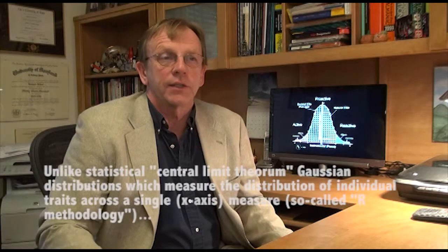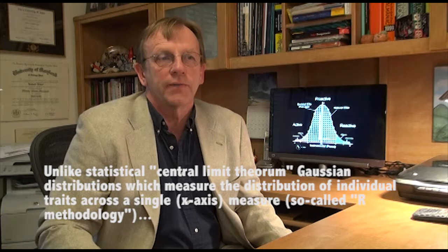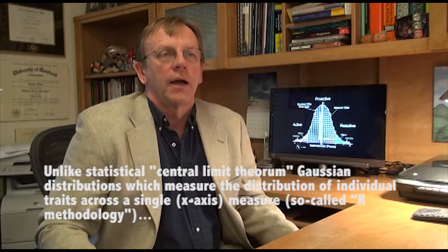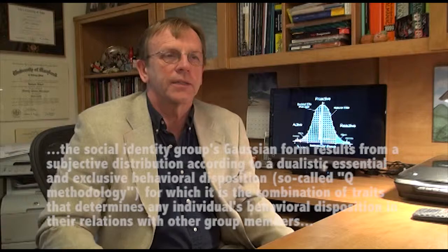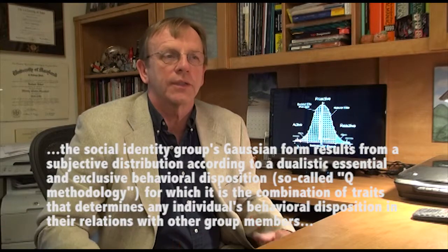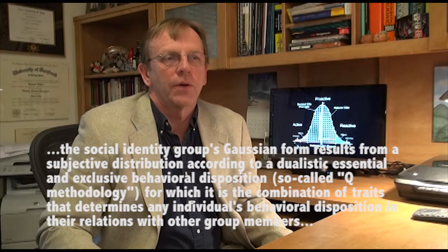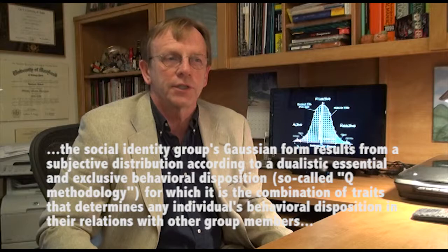So unlike statistical central limit theorem, Gaussian distributions which measure the distribution of individual traits across a single x-axis measure, which is a so-called R methodology, this is based on a social identity group's Gaussian form, results from a subjective distribution according to a dualistic, essential and exclusive behavioral disposition.